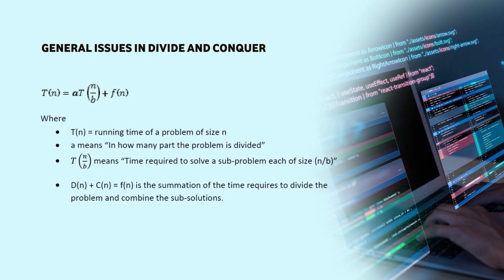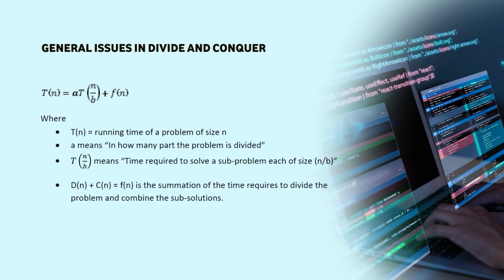So if you look at this recurrence relation, it simply says that if you have a time T(n), you will be required to divide the problem and solve subproblems of size n/b, and then you are also adding the time of dividing and combining the sub-solutions.